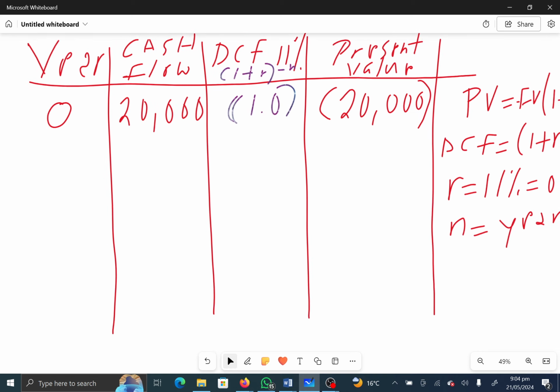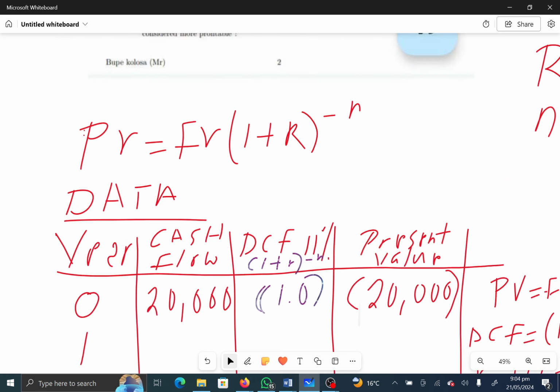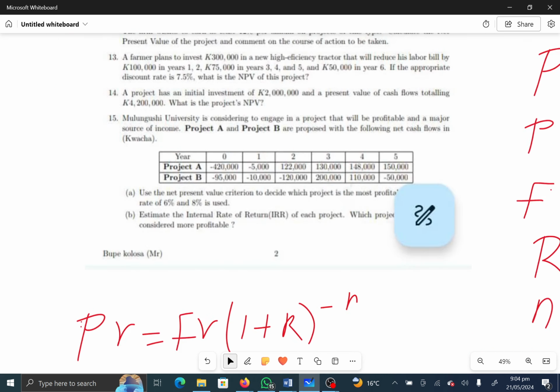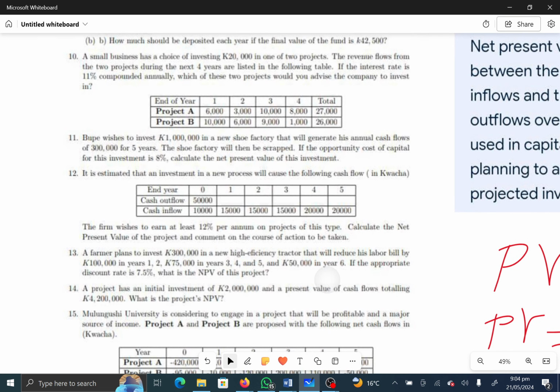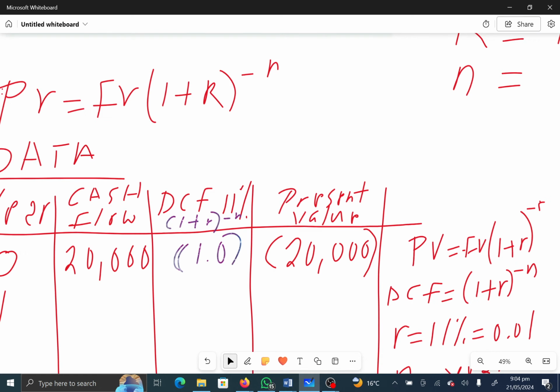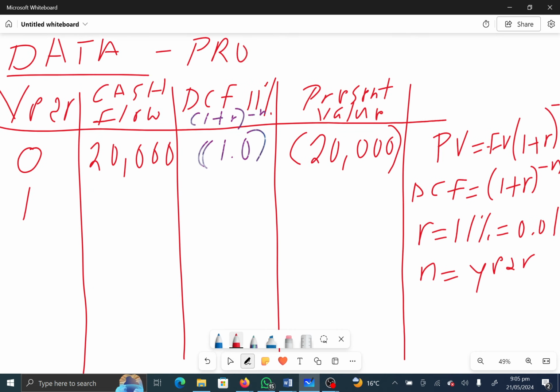So let's now begin to plug in. At year 1, the cash flows for project A are 6,000, 3,000, 10,000, and 8,000. So the cash flow at year 1 is 6,000.